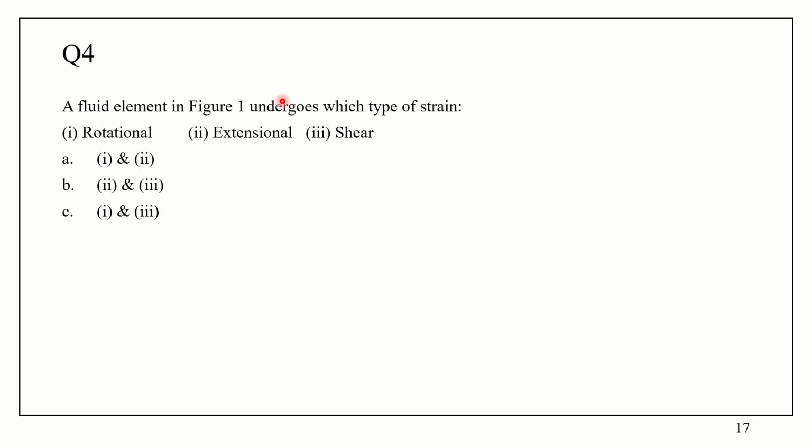Option C is 1 and 3. Option D is 1, 2 and 3. So the answer to this problem is actually option D, 1, 2 and 3. Here we can consider it as undergoing all types of strain: rotational, extensional and shear strain. So option D is the right answer.